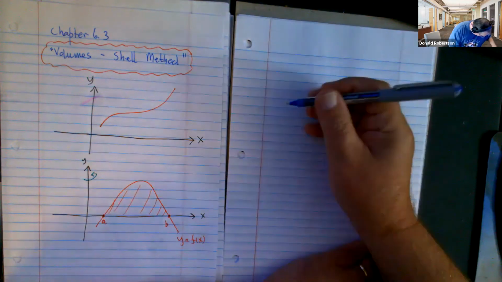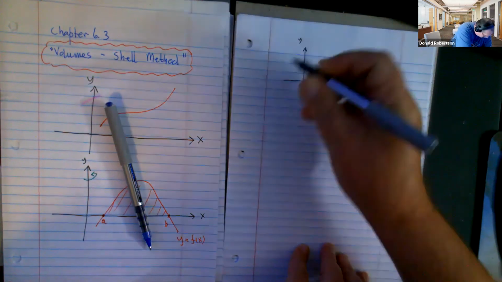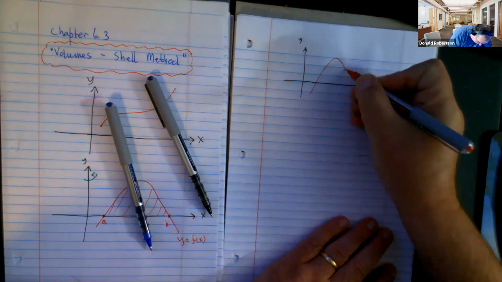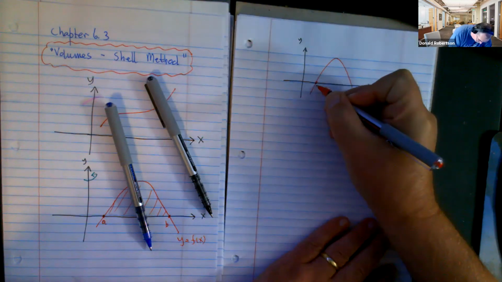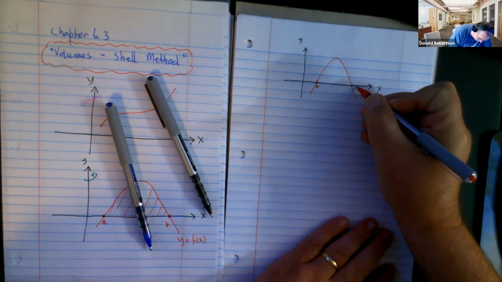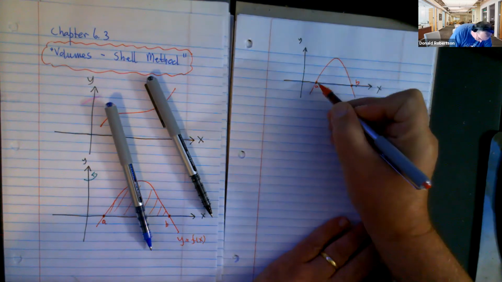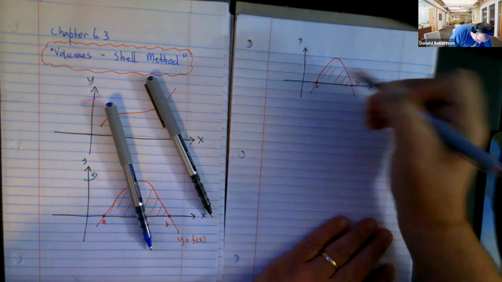So I'm going to redraw my guy again at the top. So we're going to look at how do you rotate a function from x equals a to x equals b. That's this guy here.